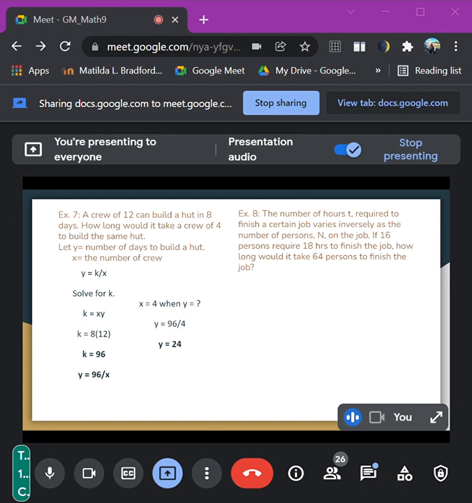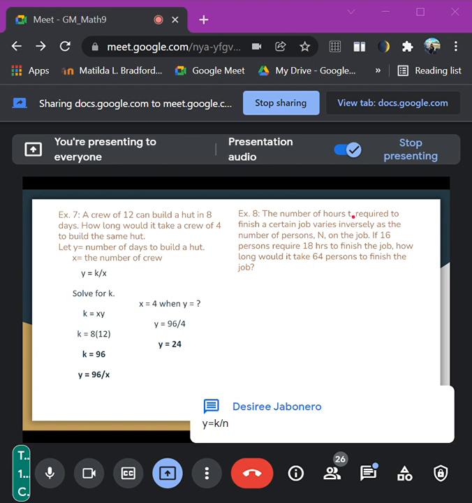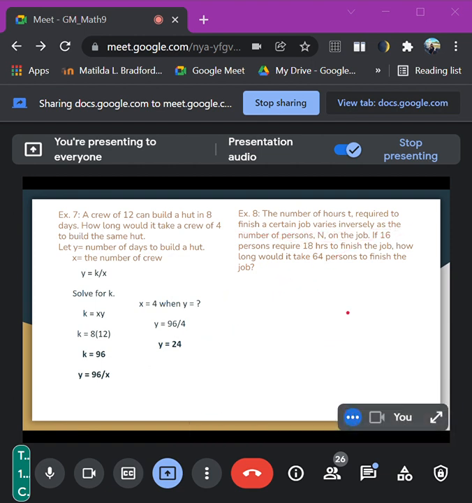So, we start with the equation. You have the number of hours, T, required to finish a job, varies inversely as the number of persons. Okay, so we can use T is equal to k over N, since T is the number of hours and it varies inversely as the number of persons, so k over N.